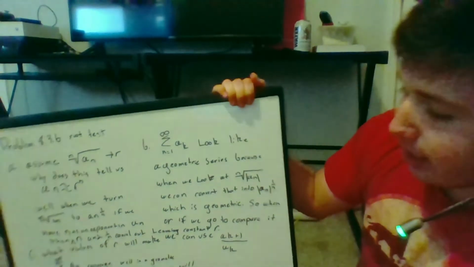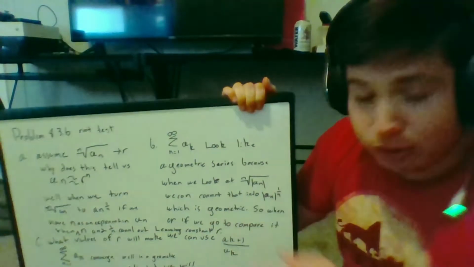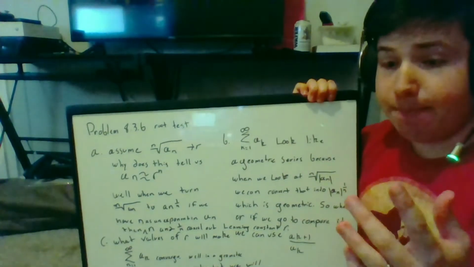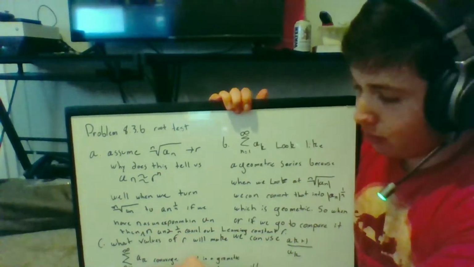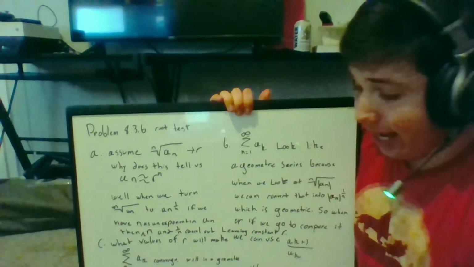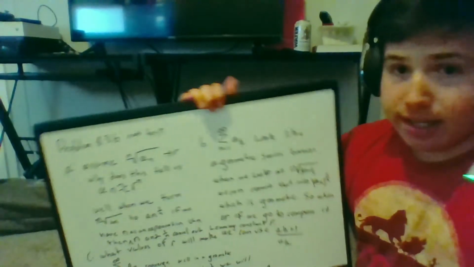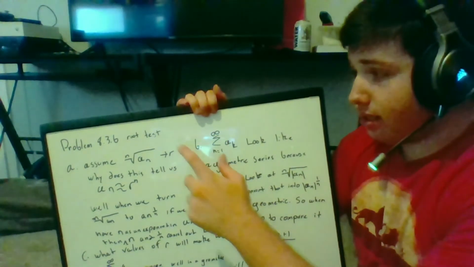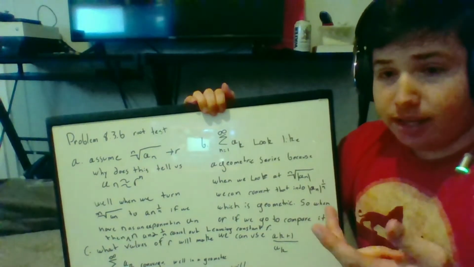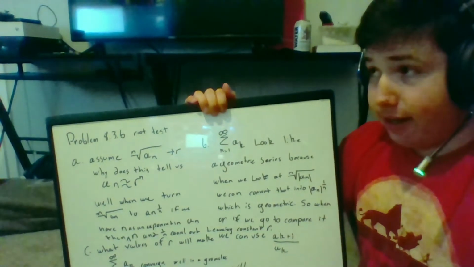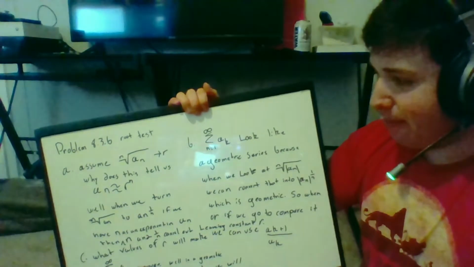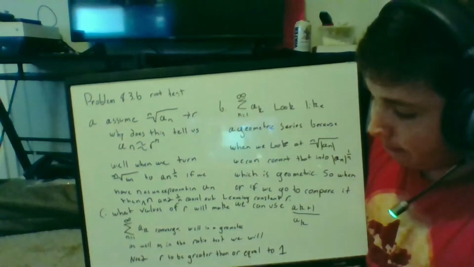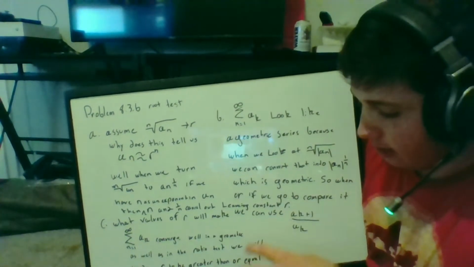And then in part C, we're asked to find what values of r or n will make a sub n, or the summation of a sub k, converge. And it'll be the same as the ratio test, since the root test is similar to the ratio test, and the geometric series, and what makes that converge is basically if r is greater than or equal to 1.